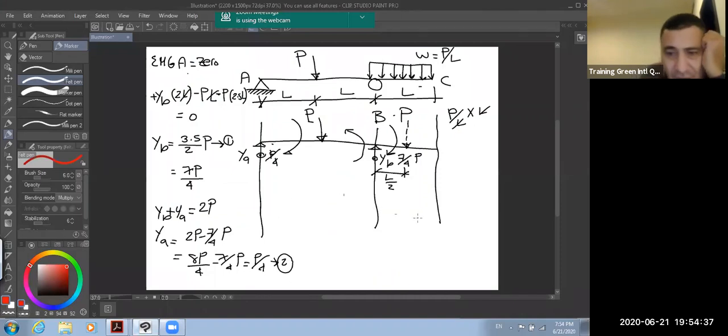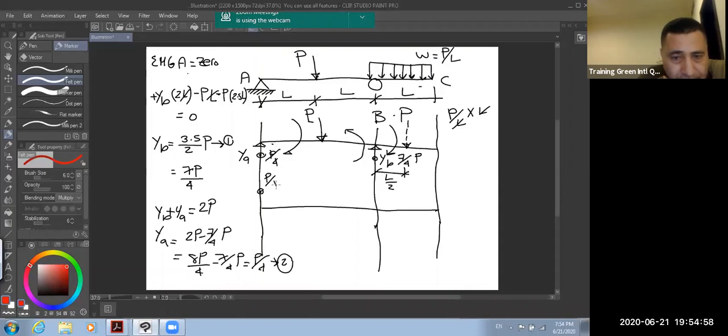So force. Let us draw the shear force diagram. Start from the left hand side of our beam. Up B over 4, straight.